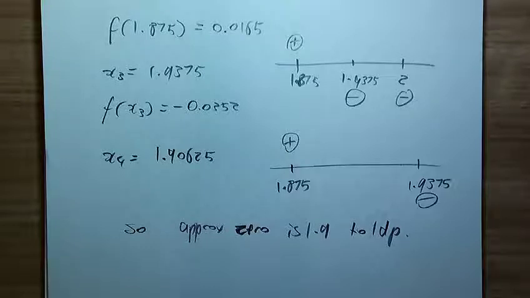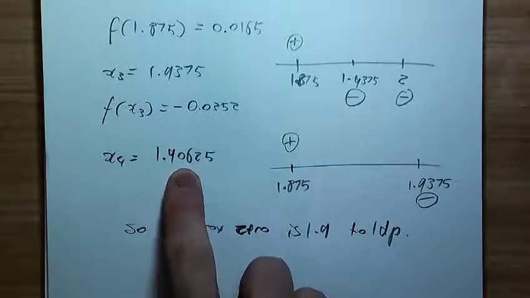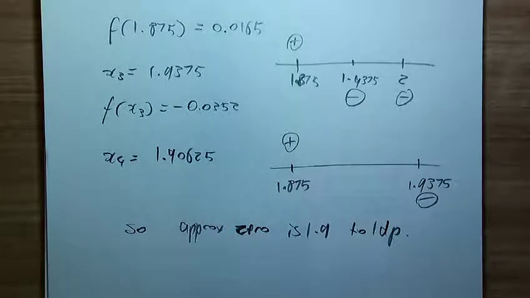There are ways of doing the bisection method a little more cleverly, because if I only wanted it to 1 decimal place, why would I care that this went to 5 decimal places? That's completely irrelevant. And so you can actually round off as you go to whatever accuracy you're aiming for. Well, 1 more decimal place from the level of accuracy you're aiming for.